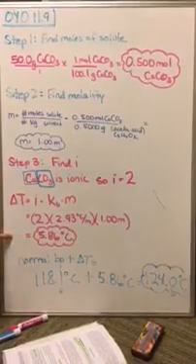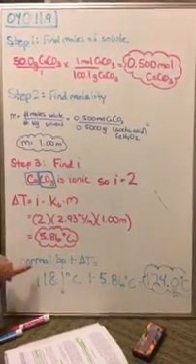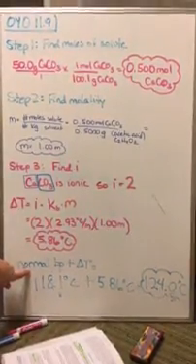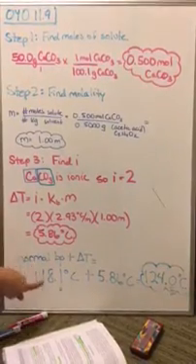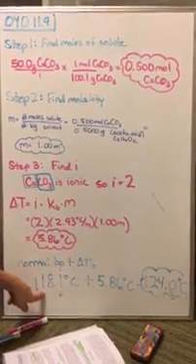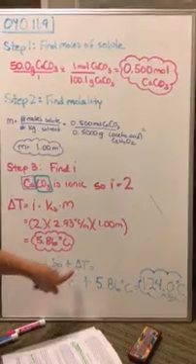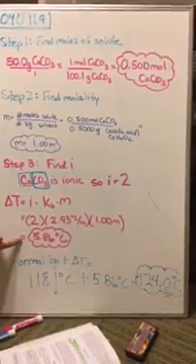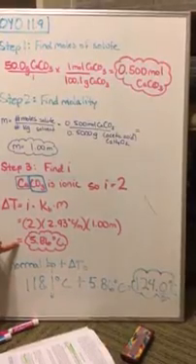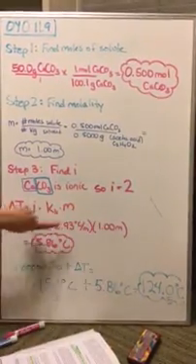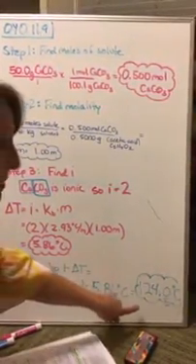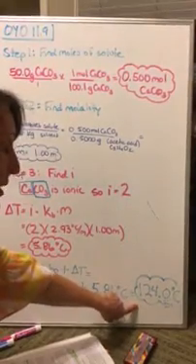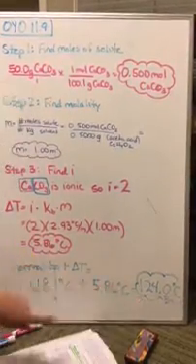Well, so then you go, what does that mean? What that means is they told you that the normal boiling point of acetic acid was 118.1 degrees Celsius. You have to add your delta T to that, which you decided would be 5.86 degrees Celsius based on our calculation. And that comes out to be 124.0 degrees Celsius.